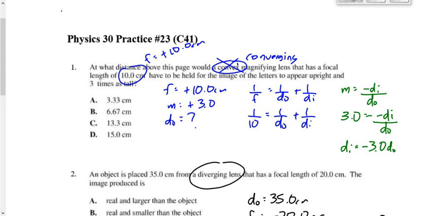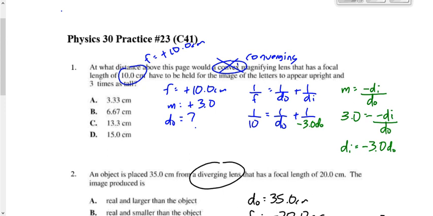I don't know what the value is, but I know that DI is 3 times the object distance. Now, let's replace DI right here with negative 3 DO. This doesn't look pretty, but at least I have one equation with one unknown in it. It's awkward to solve for, there's no question about that, but at least we can see at this point that it is solvable because there's only one unknown in there.